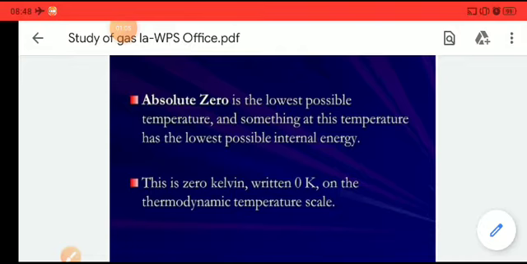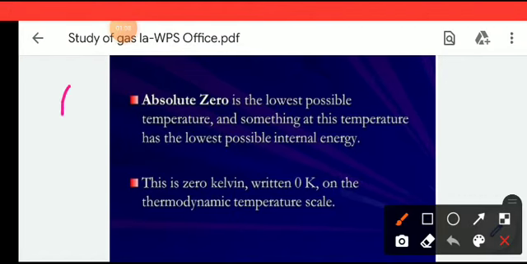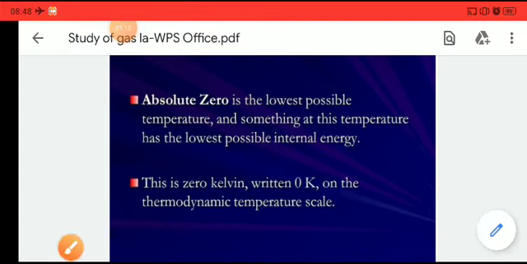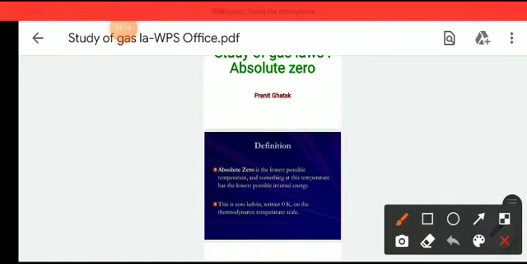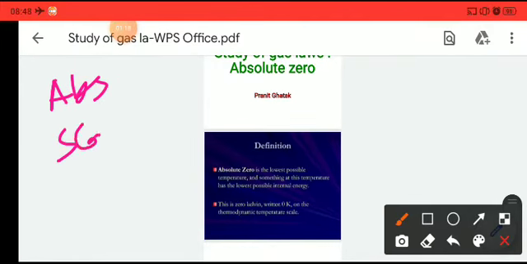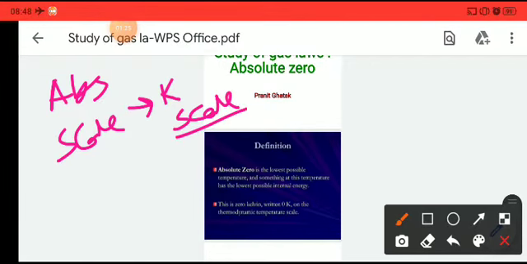Absolute means the Kelvin scale. Whenever we use the Kelvin scale, we get the absolute values.